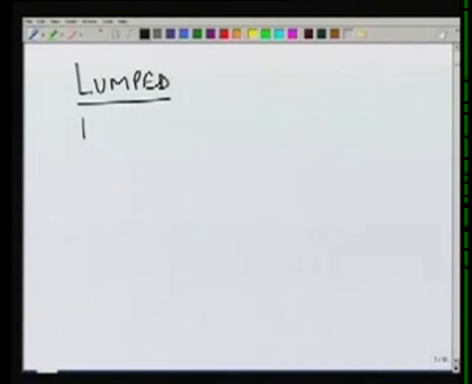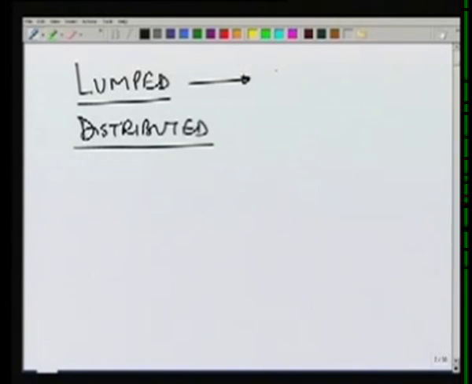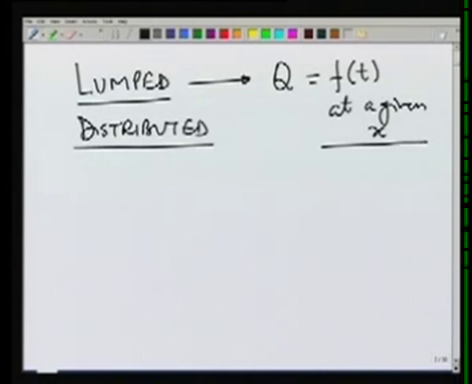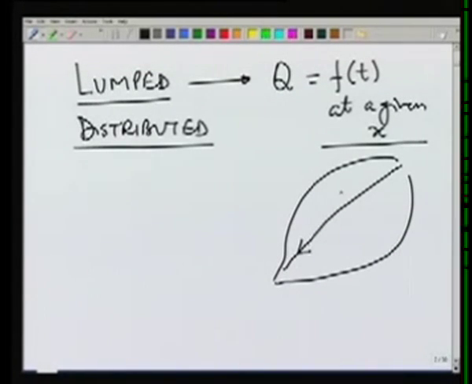The basic techniques used in flood routing can be called either lumped routing or distributed. In the lumped routing, we obtain Q as a function of time at a given x. So, for example, again, if we take some catchment area, there may be tributaries entering this channel.